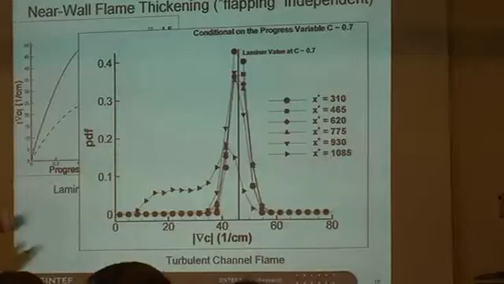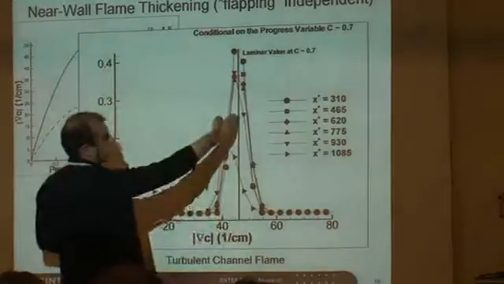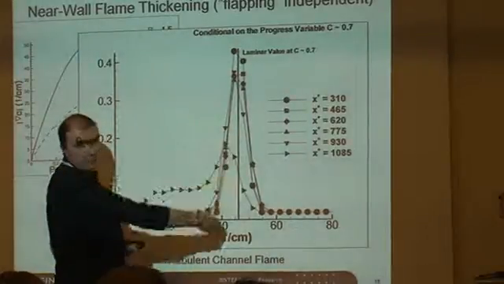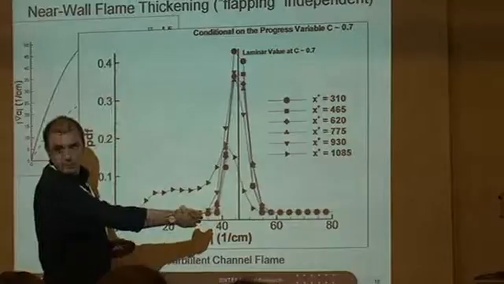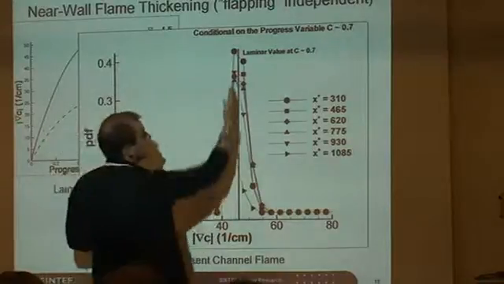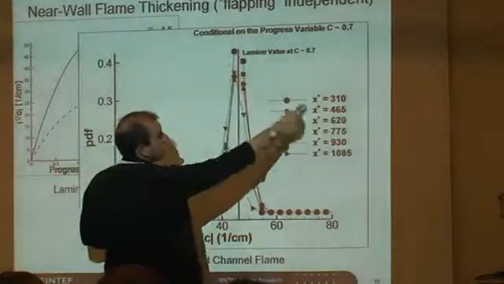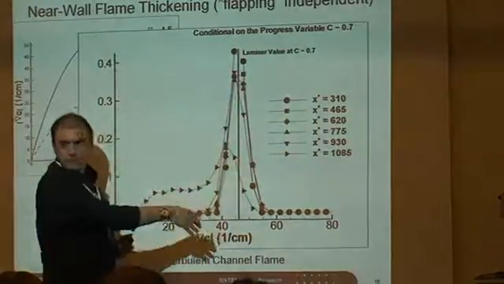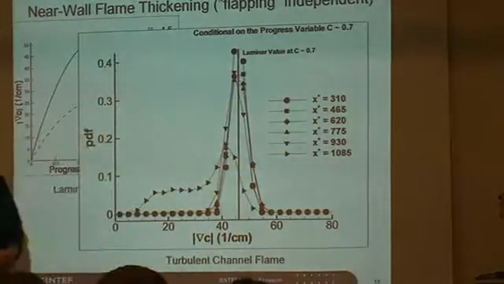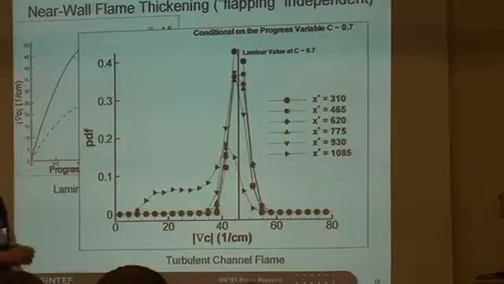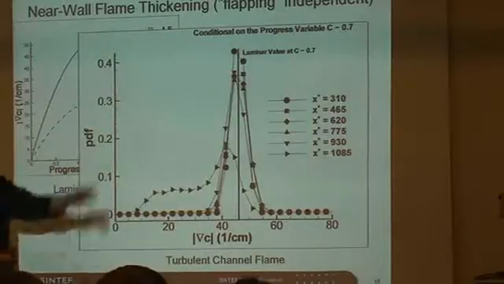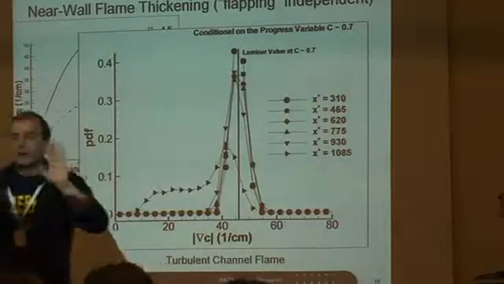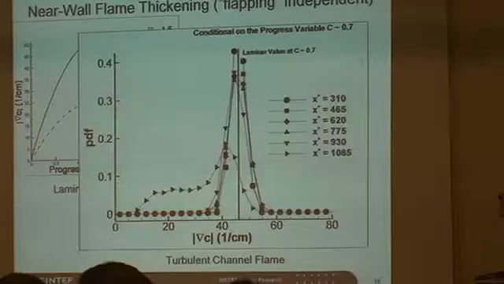So this solid line is the laminar value, the thickness of the laminar flame. And you see that when we are far from the wall, there is good agreement. X is the normal coordinate. I don't understand.